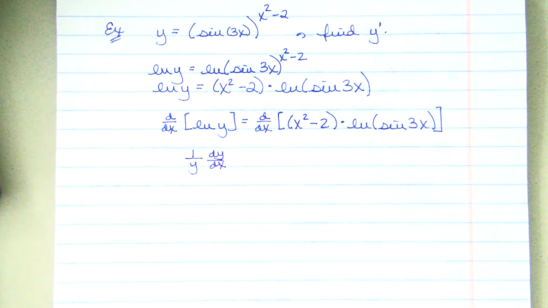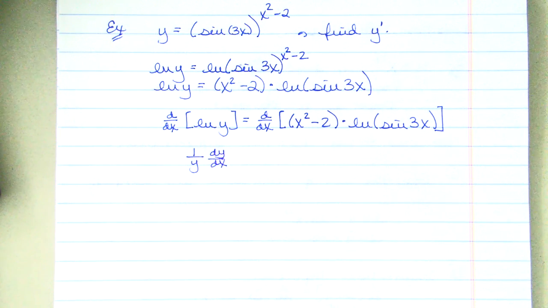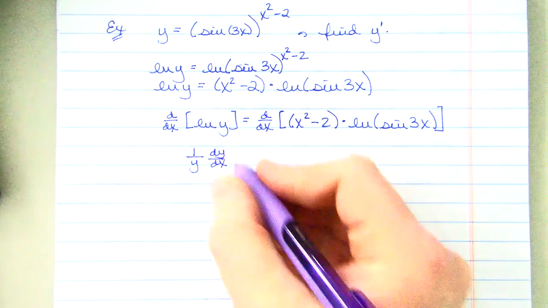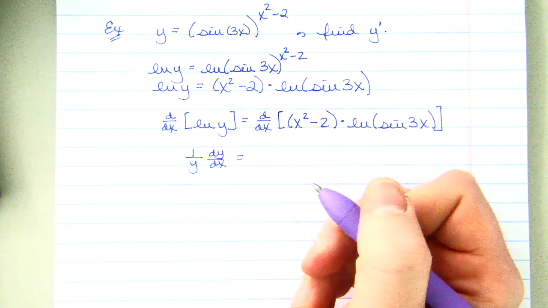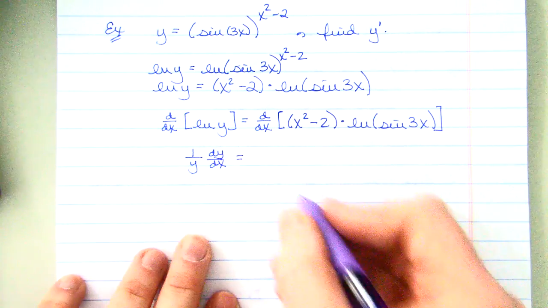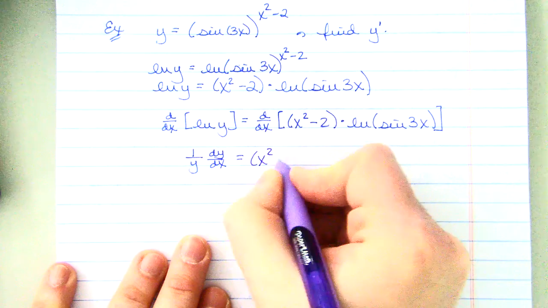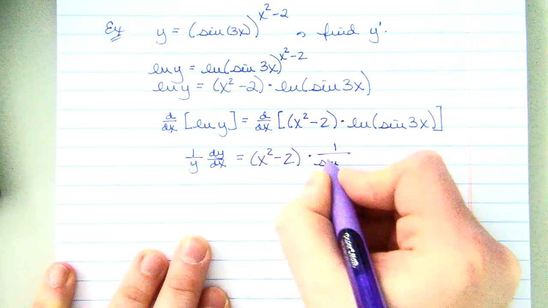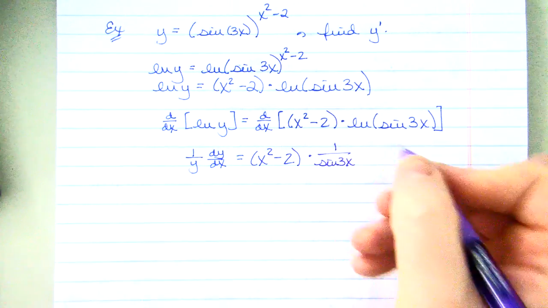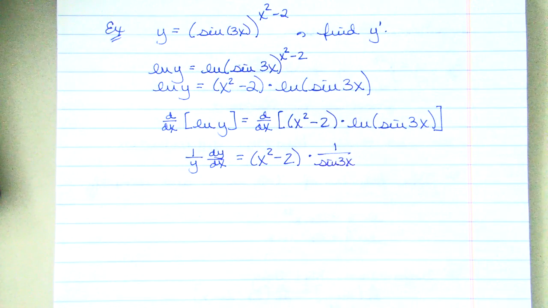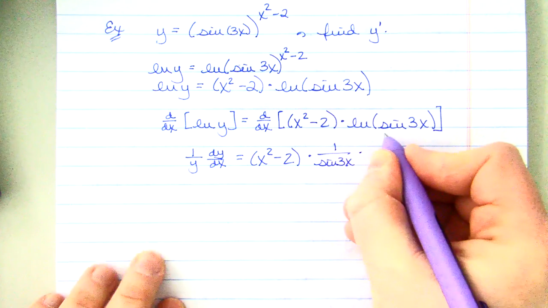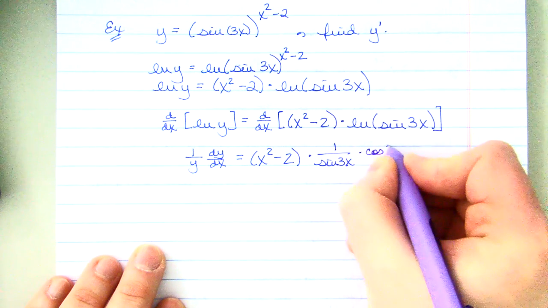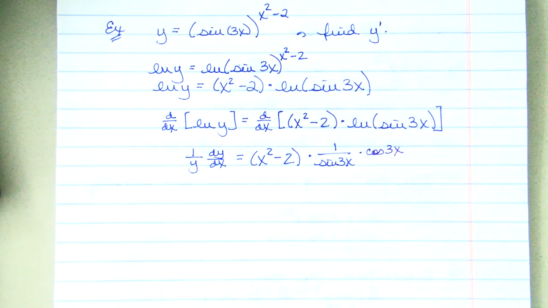It's always just the natural log of y on the left. Okay, so first, x squared minus 2 times derivative of the second, 1 over sine 3x. What else with this piece? Okay, so derivative of sine is cosine, so times the cosine of 3x.